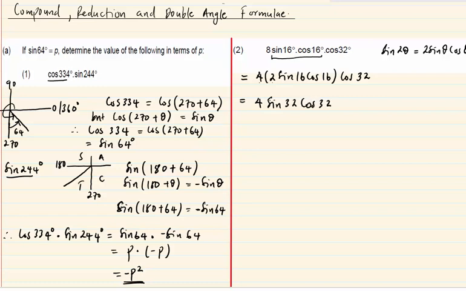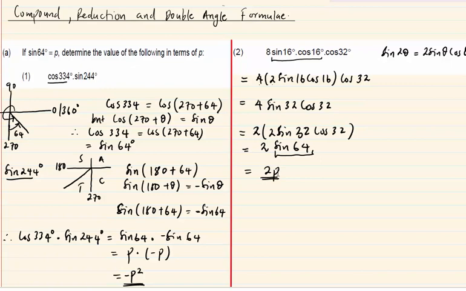So again, you can see this is the double angle formula for sine, and I'll have 2 brackets 2 sine 32 cos 32. And so it follows that we are going to have this being equal to 2 sine 64. But sine 64 is given to us in the question as p, so therefore the final answer is going to be equal to 2p.